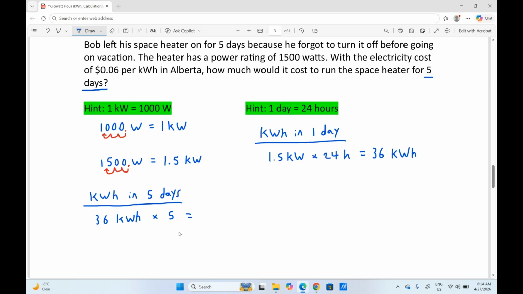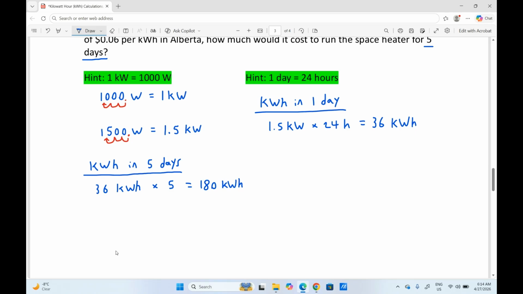Once I do that, I'm going to get 180 kilowatt hours. So now I have kilowatt hours, I just have to find the total cost for 5 days.